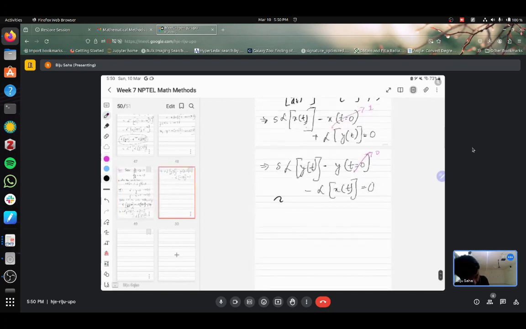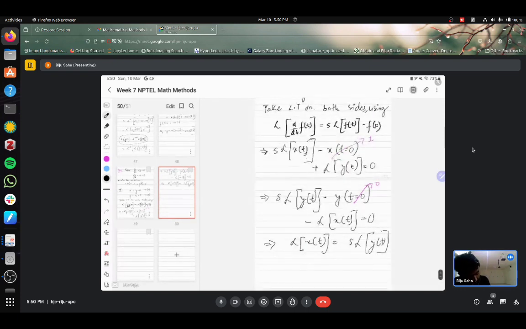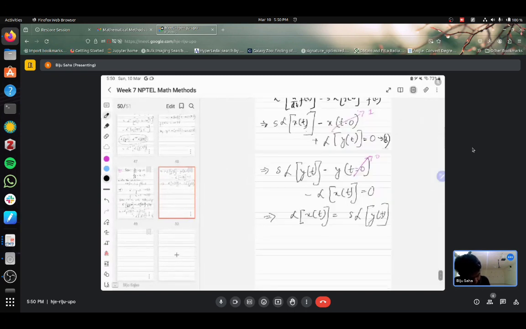So from here what you get to see is that Laplace transform of x(t) is nothing but s times Laplace transform of y(t). I am calling this 3 and this 4.